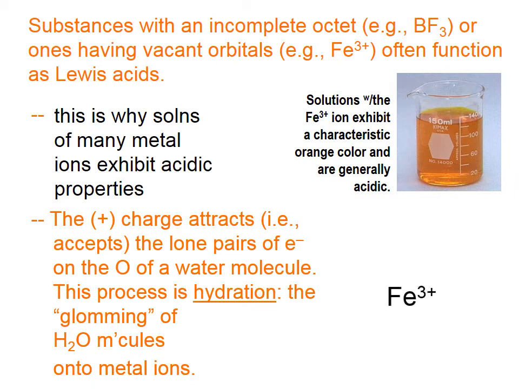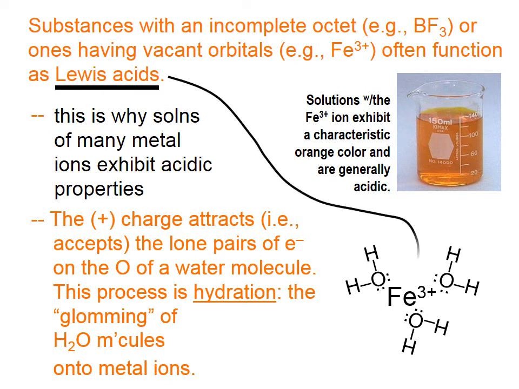If we have a metal ion in solution, let's say the iron 3 ion, what's going to happen is, because of its charge, the electron pairs on the oxygen atoms of water molecules will be attracted to it. In other words, those oxygens are donating or providing electron pairs, and the iron ion is accepting electron pairs.